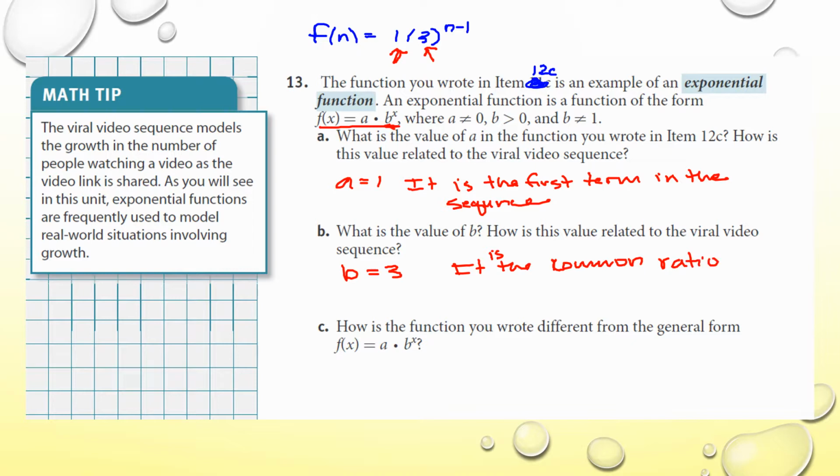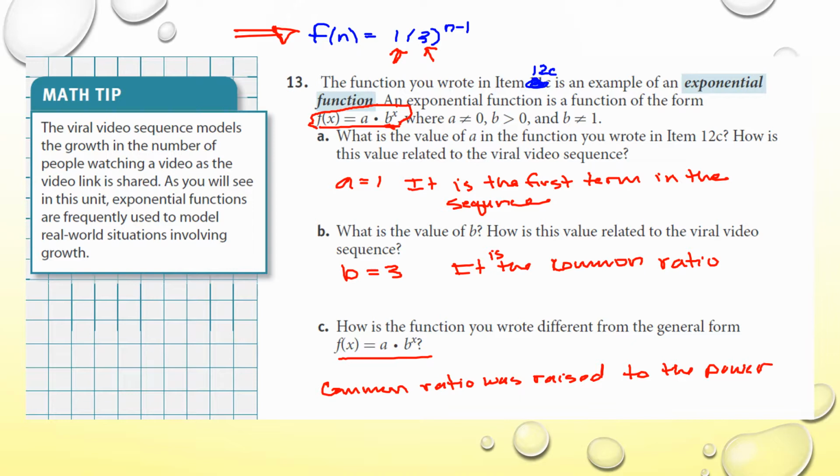How is the function you wrote different from the general form? Well, if you look at the one we wrote here in 12C, it's different from the general form because this is the general form. And in the one we wrote, the common ratio was raised to the power of n minus 1 instead of just a single variable.